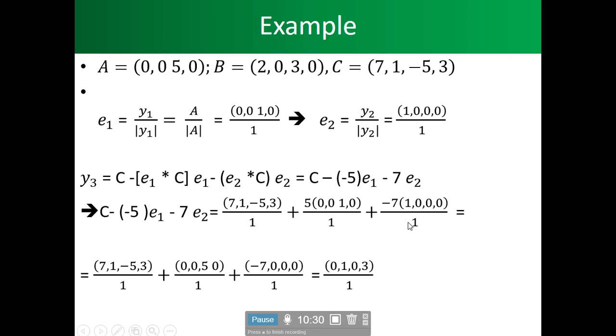So if we multiply 7 times all of this, we get a -7, 0, 0, 0. Multiply 5 times this, we get 0, 0, 5, 0, and we don't do anything with the other one.